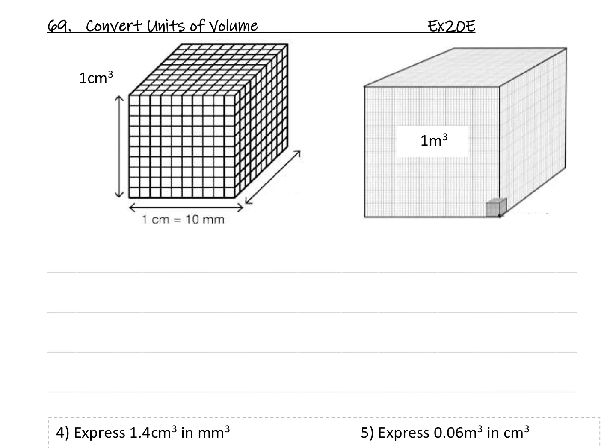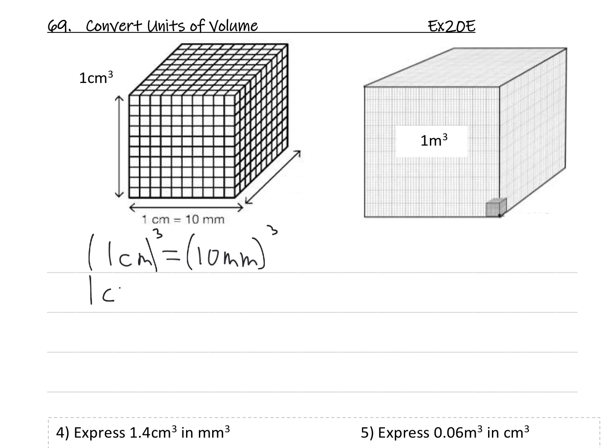We measure volume using cubes. Here we have a 1 centimeter cubed on the left. That is 1 centimeter by 1 centimeter by 1 centimeter. If we think of that in millimeters, we know that 1 centimeter is 10 millimeters. So a centimeter cubed is actually 10 millimeters by 10 millimeters by 10 millimeters. What we do is we cube the units.